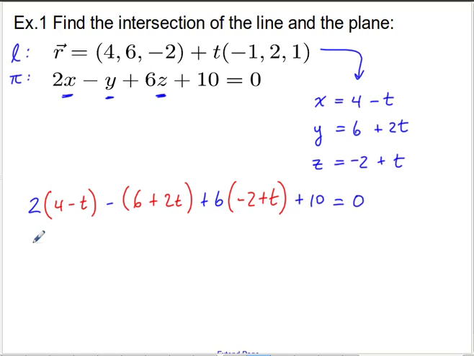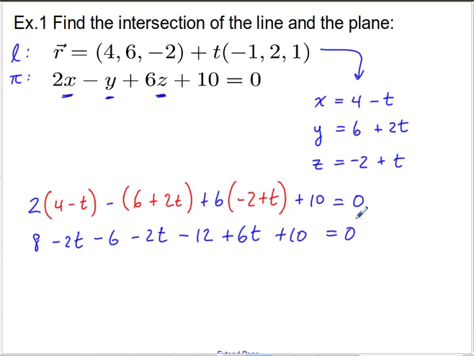So some expansions here, I get 8 minus 2t. Be careful because you've got a negative here, so that's minus 6 minus 2t. And then you've got plus 6 times -2 is minus 12. And then positive 6 times positive t is plus 6t. Plus 10 is equal to 0.